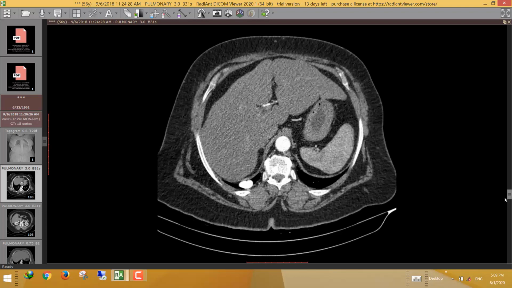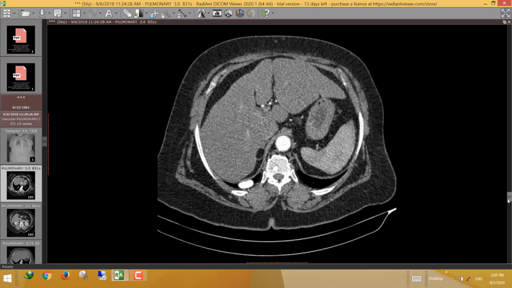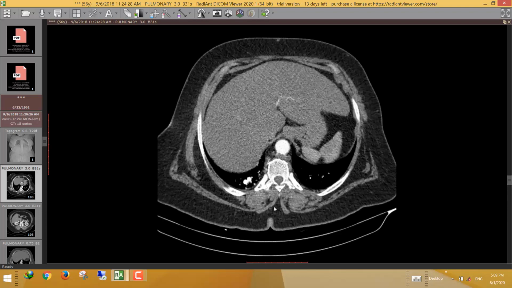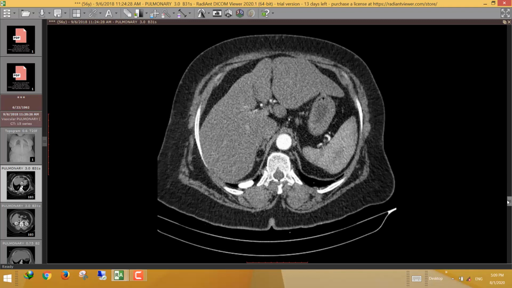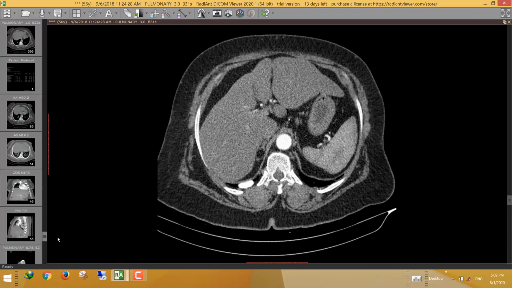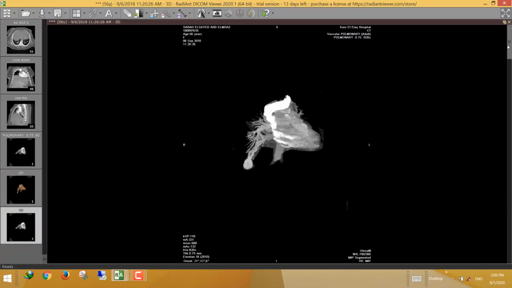The pulmonary AVM or pulmonary AV fistula can be supplied by one artery or multiple arteries, drained by one vein or multiple veins. In this case, it is supplied by one artery and drained by one vein. It is better appreciated in these reconstructed images.